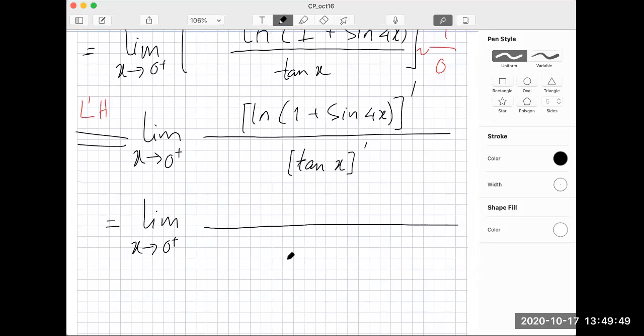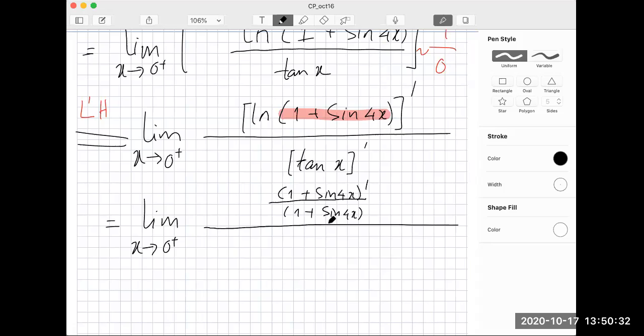I don't remember this formula. Natural log of a function. 4 cosine 4x. Very good, but let us write it slowly. The derivative of ln u is u prime divided by u, right? Which is the derivative of 1 plus sine of 4x, divided by 1 plus sine of 4x, right? Okay.